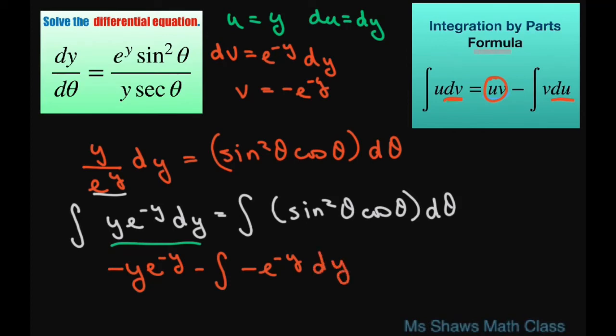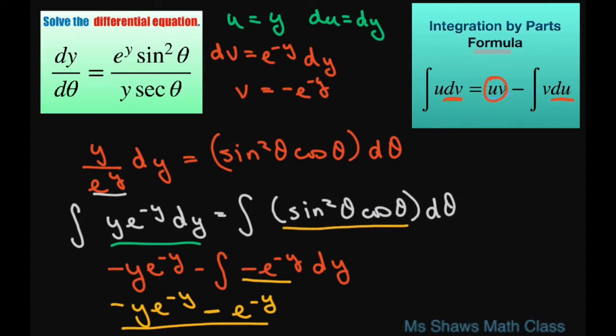This gives me negative y e to the power of negative y, and we have minus, we're going to get e to the power of negative y. So that's the left-hand side. Now for the right-hand side, we're going to use substitution. So let's do that, and just remember this part for the left-hand side.